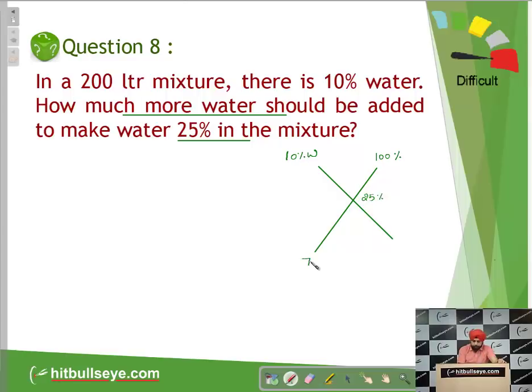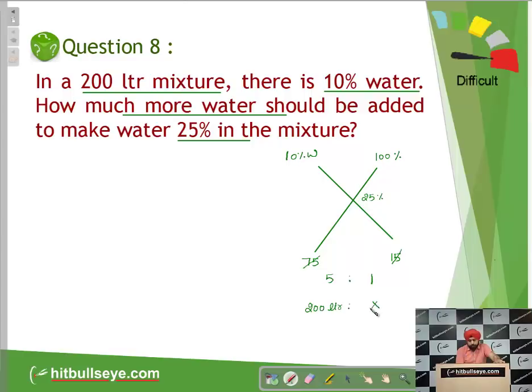We take up the difference and we find the ratio, which comes out to be 5:1. Now we have been given a total of 200 liter mixture which contains 10% water. So out of the two quantities mentioned here on the top, can I say this is given to us as 200 liters?